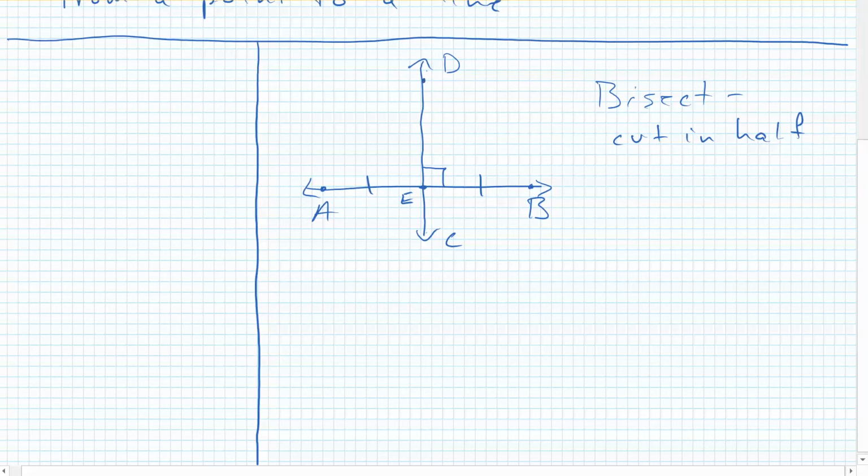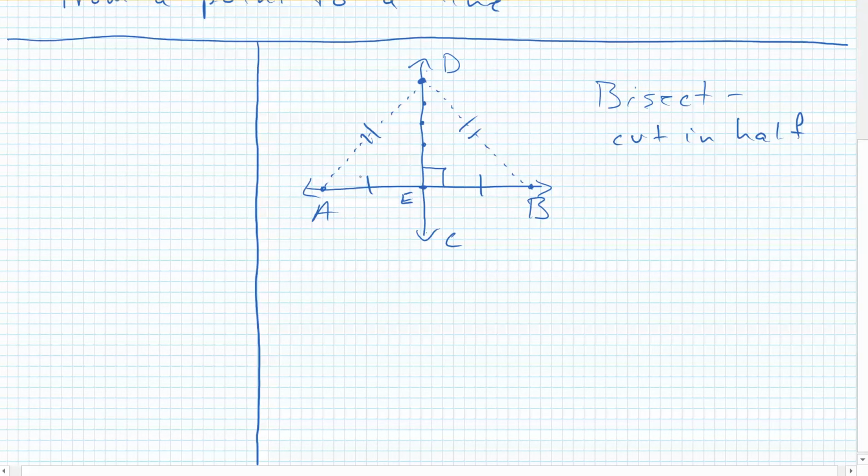Here's the other neat thing. If we have a point on DC, because AE is the exact same thing as EB, or they are congruent, we know that the distance from A to D is going to be exactly the same as the distance from D to B. And this will work no matter where this point is along this line DC.